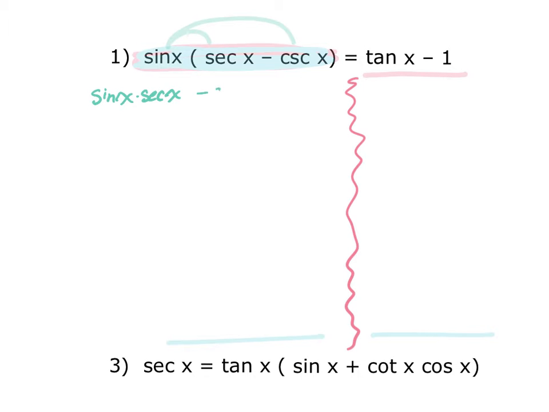And then I want to do what I know I need to do in terms of rewriting in terms of sines and cosines. So I want to rewrite this expression. I'm going to keep my sines the same, but I'm going to rewrite that secant as 1 over cosine of x.